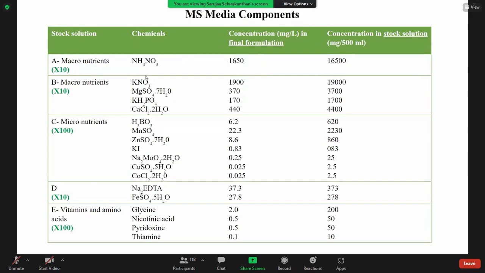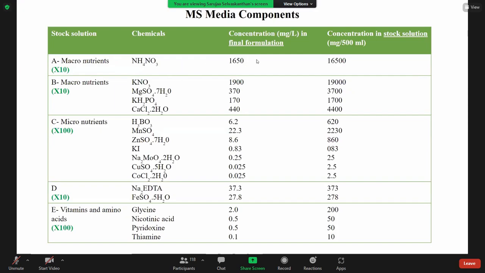This is the one recommended by Murashige and Skoog. This is MS media, right? So Murashige and Skoog recommended 1650 milligram of ammonium nitrate should be present in 1 liter of media.